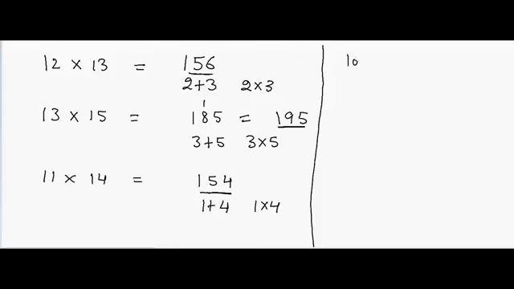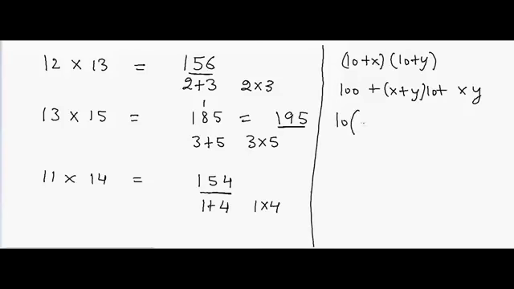If we have 10 plus x and then 10 plus y, we are taking 10 as a base and these numbers are close to 10. So in that case, if we solve this, it will be equal to 100 plus 10 times x plus y, plus xy.